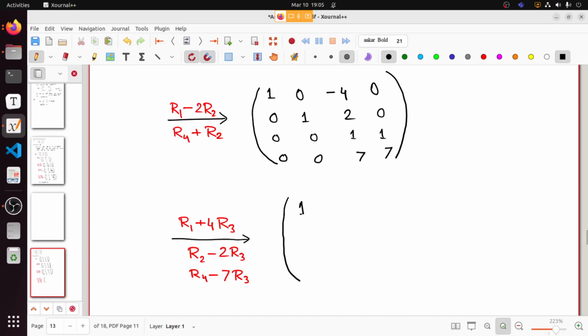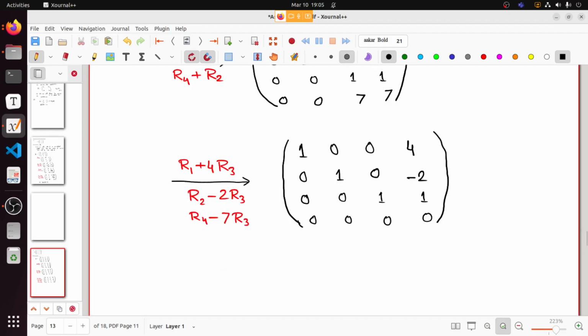So it will become 1 0, 0, and 5, right? Oh no, sorry, 4. Second row, R2 minus 2 R3, so 0 1, this will become 0 and this will become minus 2. Third row as it is, and the last row will again become 0 0 0 0.